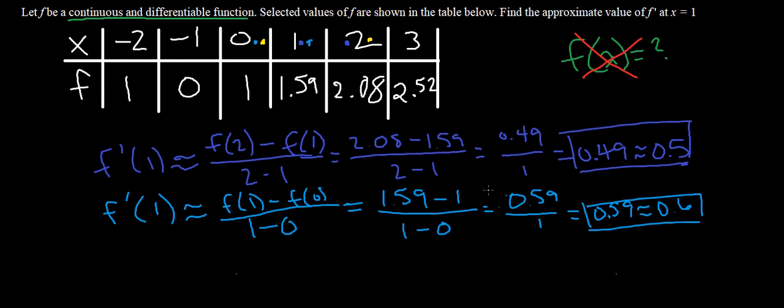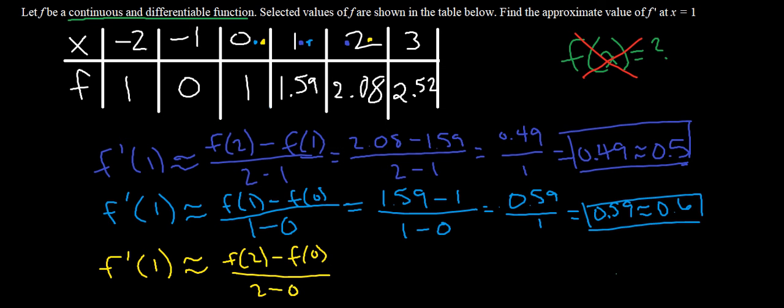Looking at the pattern like this, we could probably guess what f prime of 1 is when we use the 2 points surrounding it, based on our knowledge from the last video, which was that it was the average of these two. Let's see if that roughly holds up. Our y2 is f of 2, our y1 is f of 0, and x2, which is 2, minus x1, which is 0. f of 2 is 2.08 minus f of 0, which is 1, over 2 minus 0, which gives us 1.08 divided by 2.